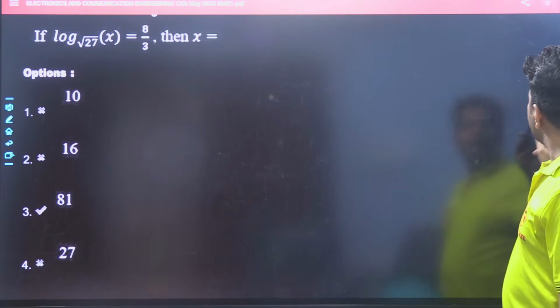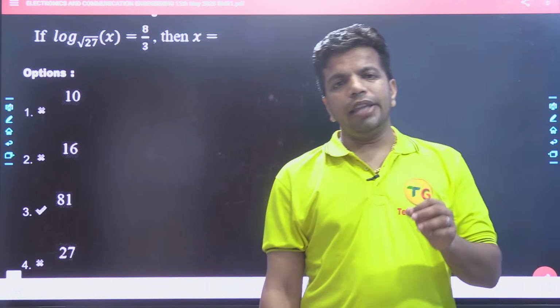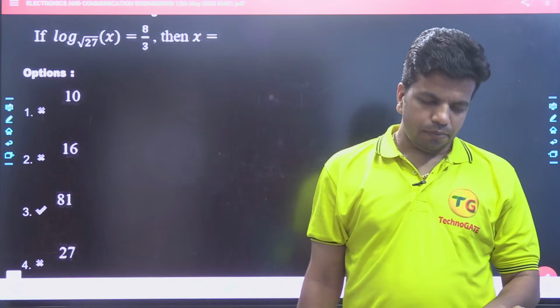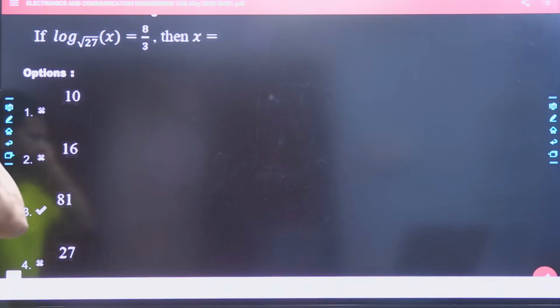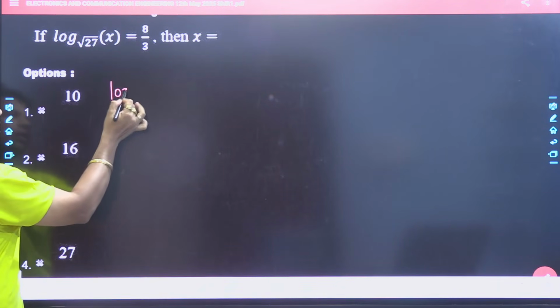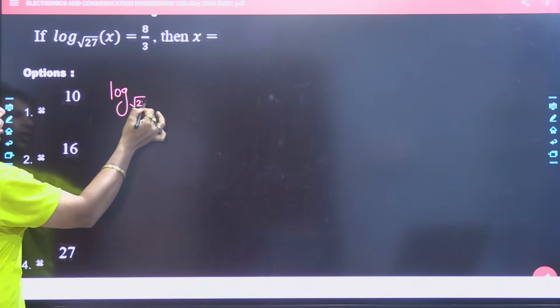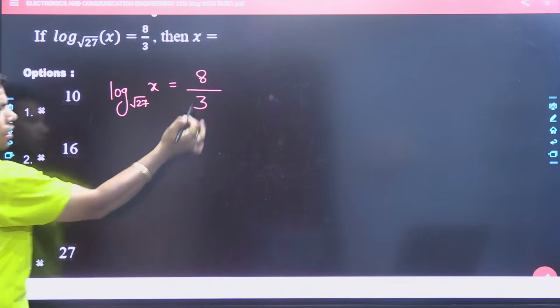If log square root 27 of x is equal to 8 by 3, then what is the value of x? Again we need to apply the property of log. Here, log base square root 27 of x equals 8 by 3.